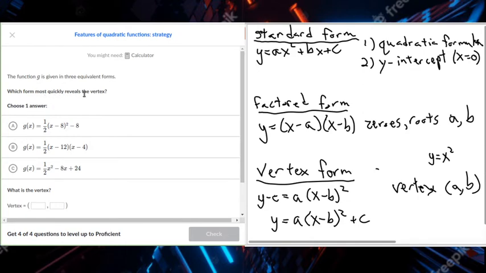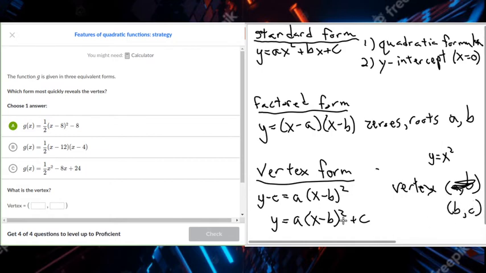Which form most quickly reveals the vertex? Well, that's the vertex form. Khan is always going to show it in this form: x minus b squared plus c. So that's this one right here. And what is the vertex? I said a, b over here, but definitely not a, b, it's b, c.